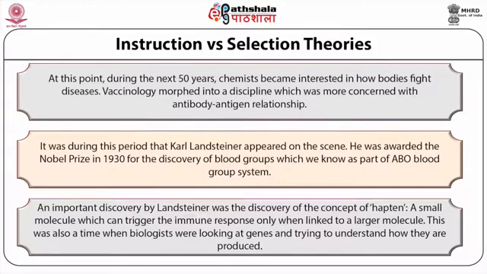Landsteiner carried out extensive work on the structure and function relationship of antibodies, that is their specificities and equally important cross specificities. If you remember that all this was happening in the 1940s, it was a powerful approach. This was also a time when biologists were looking at genes and trying to understand how they are produced.